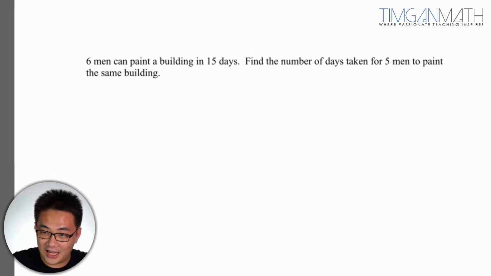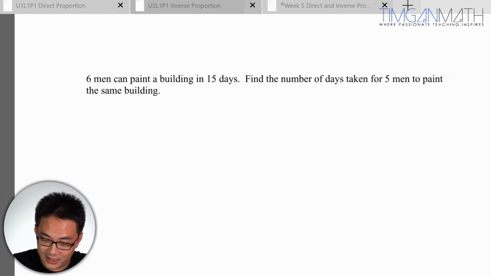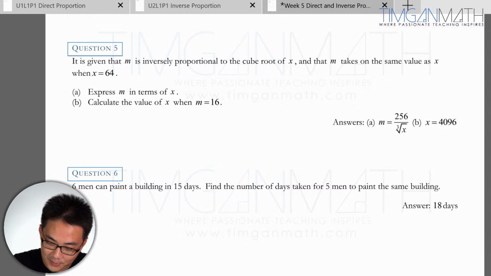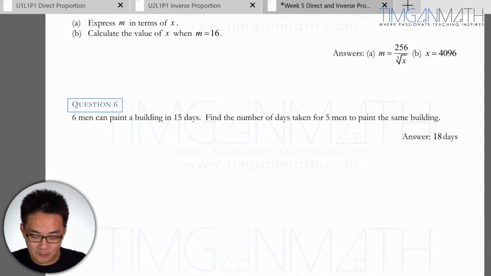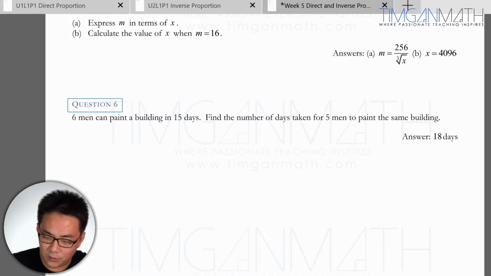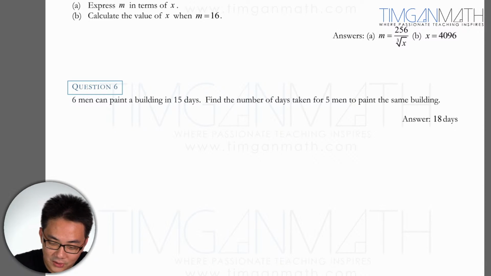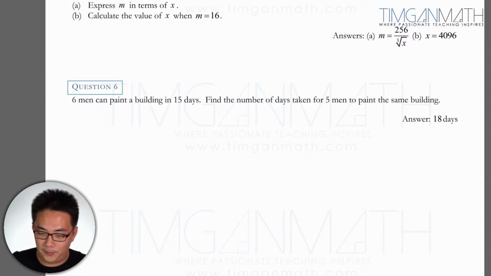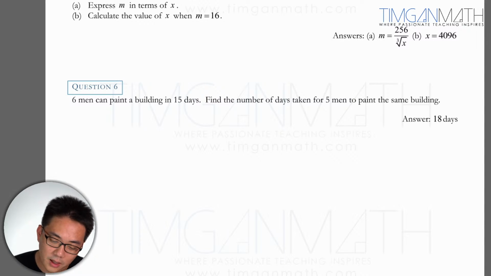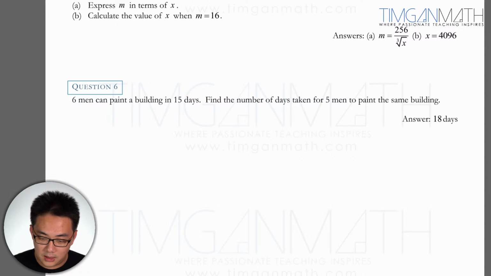Alright, let's look at the last question for today, which is actually this part here, which is 6. I think there's something wrong with this question in the sense that you need to write that, assuming that all men work at the same rate. Okay, so that's the problem with this question here.